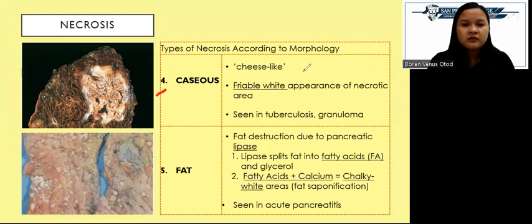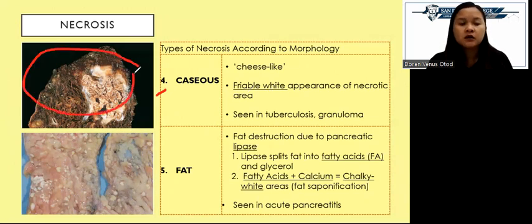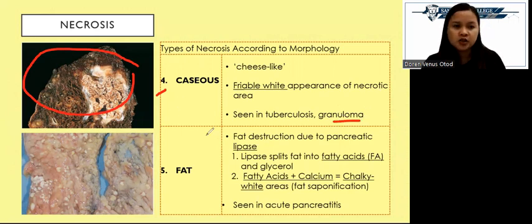So if you are going to look at this picture, this is the lungs of a patient with tuberculosis. So the cells in this type of necrosis, class, will die and will form an amorphous proteinaceous material in which the resemblance to its normal appearance is lost. So, granuloma. Another example is patients with granuloma. This can be the result.